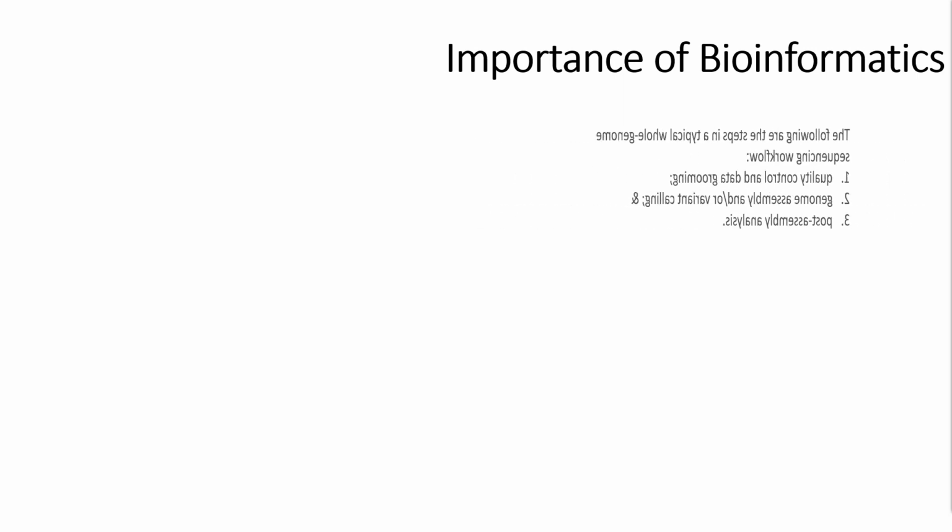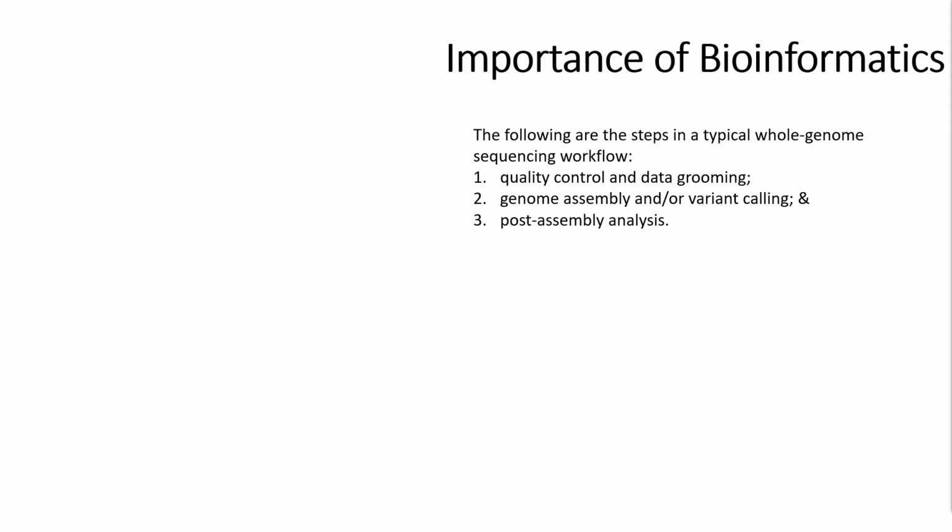There are steps in a typical whole genome sequencing workflow. Those steps are quality control and data grooming, genome assembly or variant calling, and the third one is post assembly analysis.